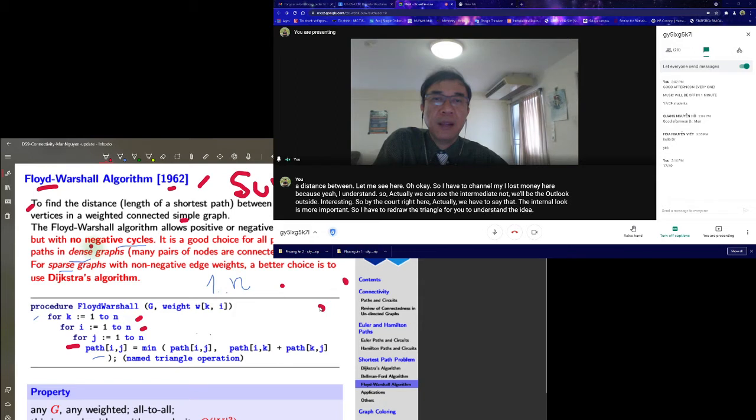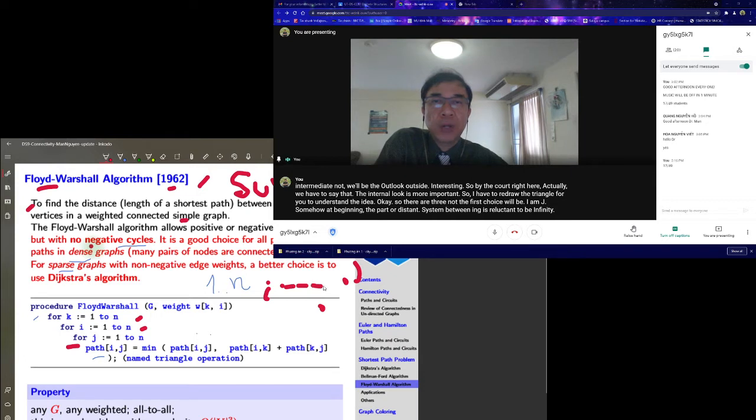Okay. So there are three nodes. The first choice will be i and j. At the beginning the path or the distance between i and j is denoted to be infinity, and we don't know.